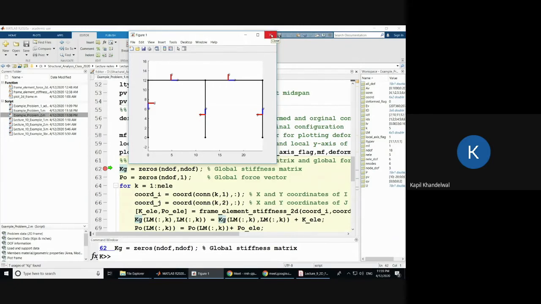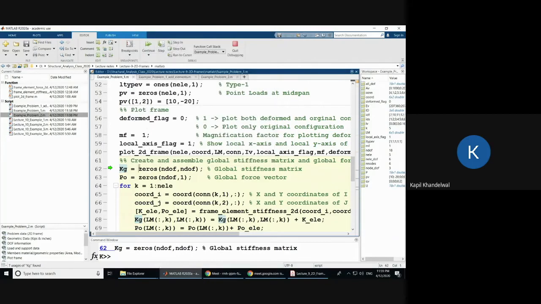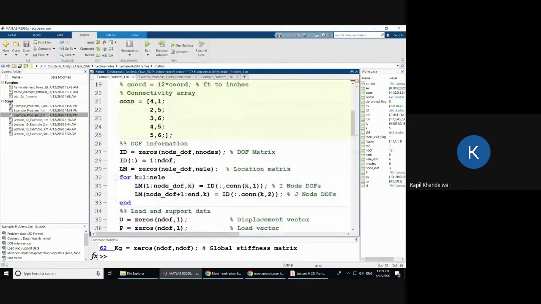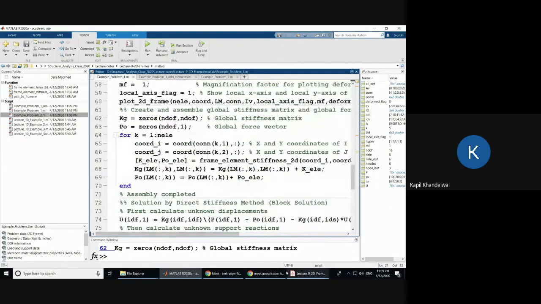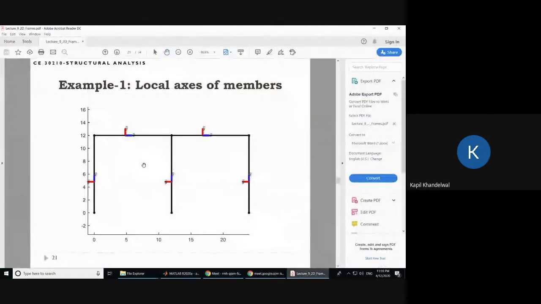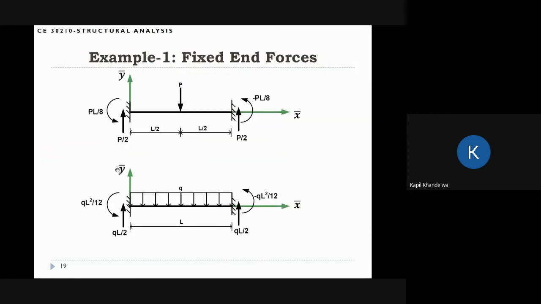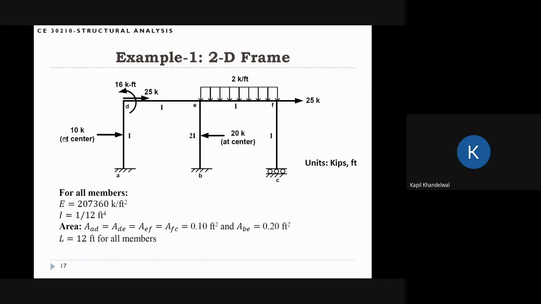So let me go back and let me put the original 1 and 4. So I have the correct orientation, the one I have defined. So in this orientation, you can see that for this column, the load should be, the P should be, so if I go back here, P should be 10.